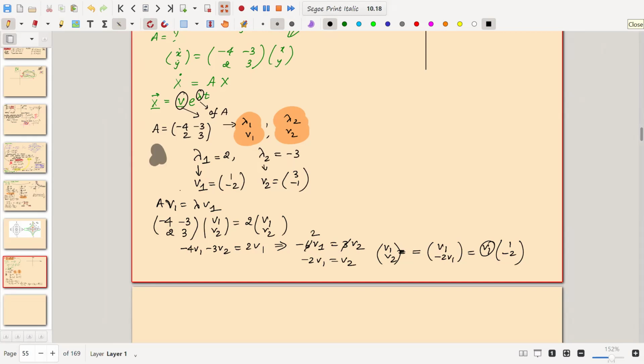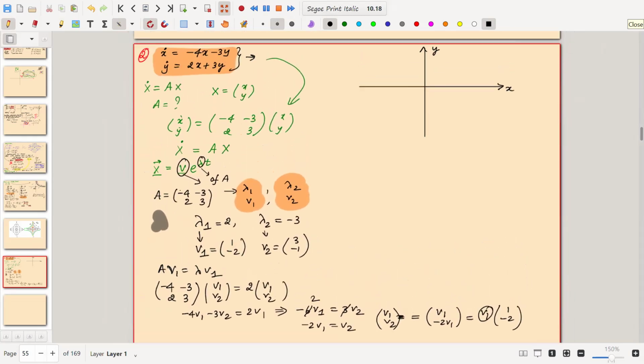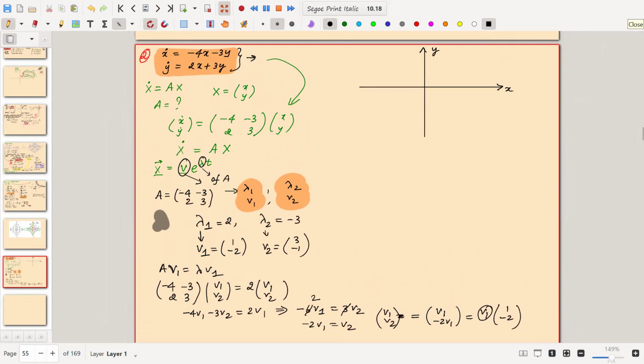Now let us see how these things are in the space. Now you tell me, lambda 1 equals 2 and lambda 2 equals 3, right? So lambda 1 equals 2. The real part is greater than 0. So this is the unstable eigenvalue.